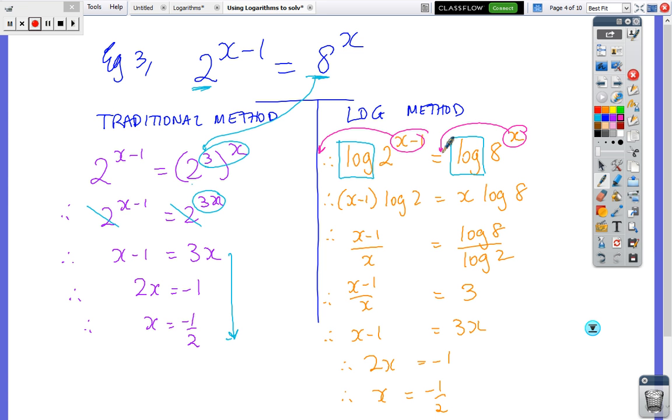So then we've got x minus 1 log 2 equals x log 8, and then the x comes across by dividing, and the log 2 goes across by dividing, and then log 8 over log 2 equals 3 on your calculator, just using log base 10, and then I've cross multiplied that back again, so that becomes 3x, and you end up with the same answer, because it has to be the same answer because it's the same question.